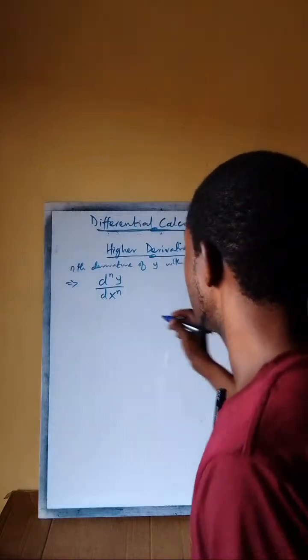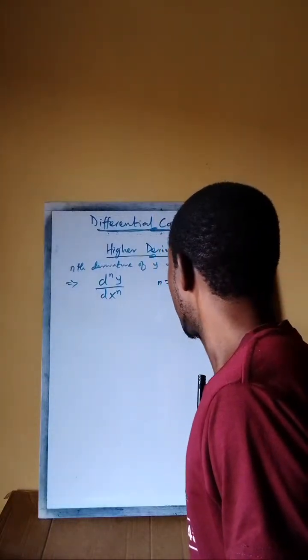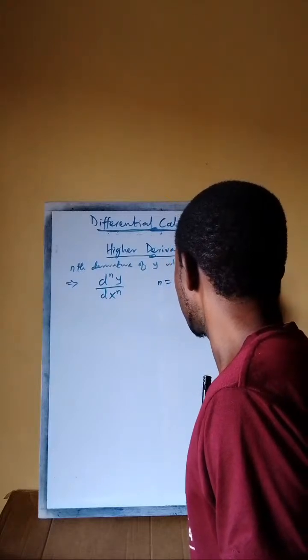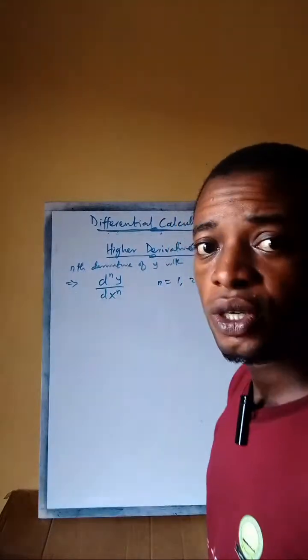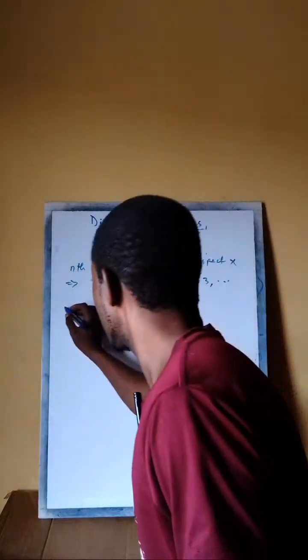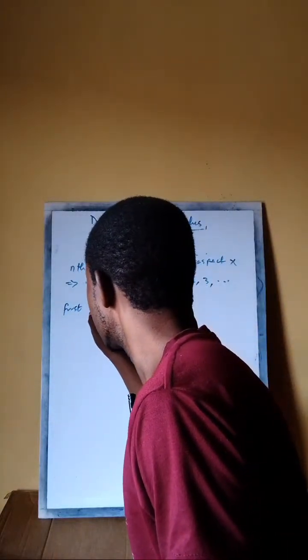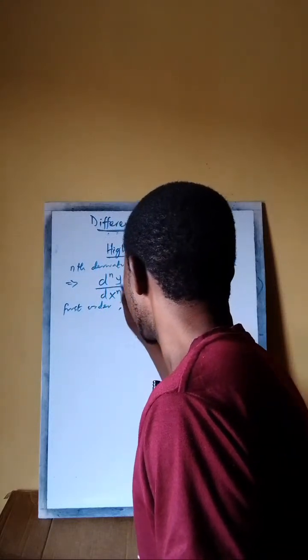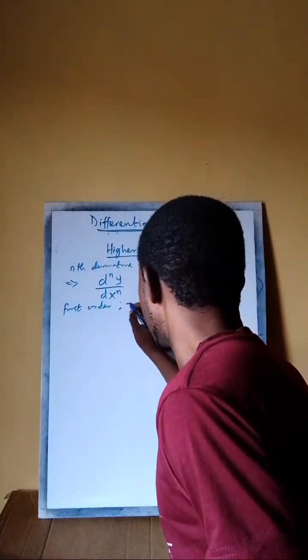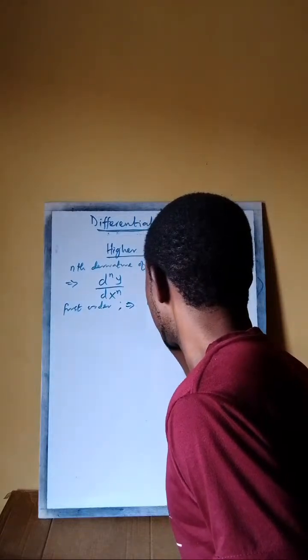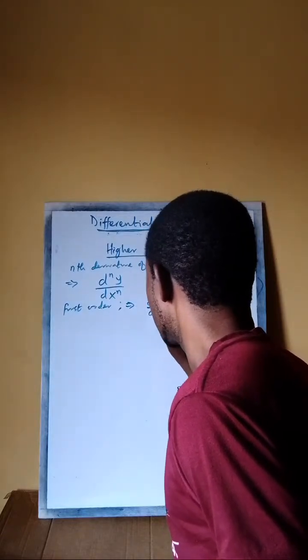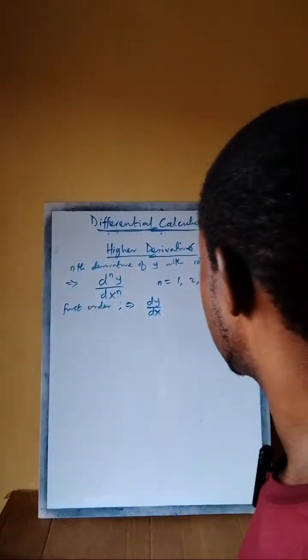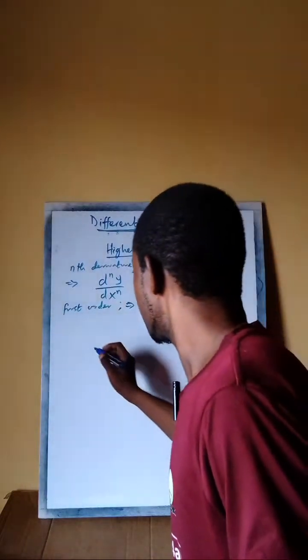So n could be 1, 2, 3 and so on, depending on the order we want to examine. For first order derivative, n is 1, so first order implies we have dy/dx.